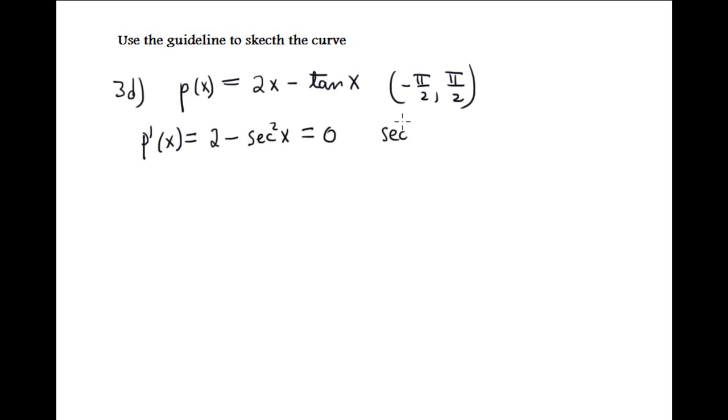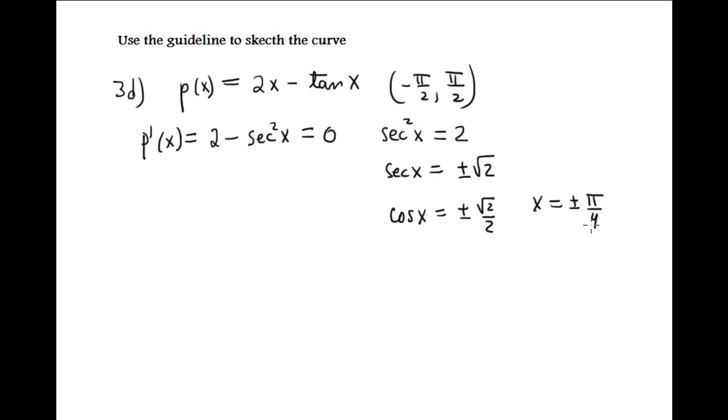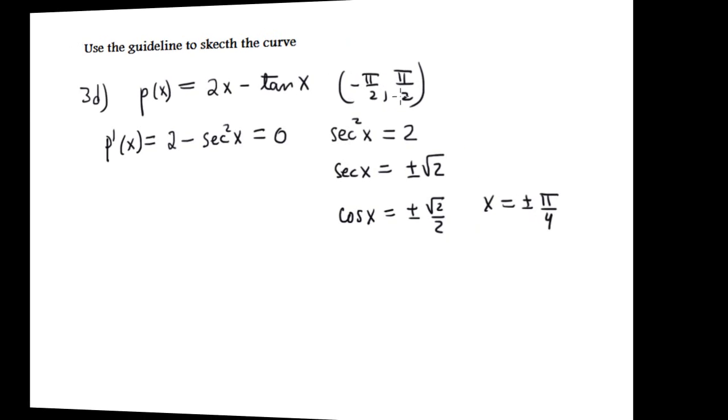Secant squared x equals 2. Applying square root to both sides, secant x is plus or minus radical 2. Secant is the reciprocal of cosine, so flip it, and this is plus or minus radical 2 over 2, after rationalization. It's obvious that the solution is plus or minus pi over 4, specifically inside this interval.